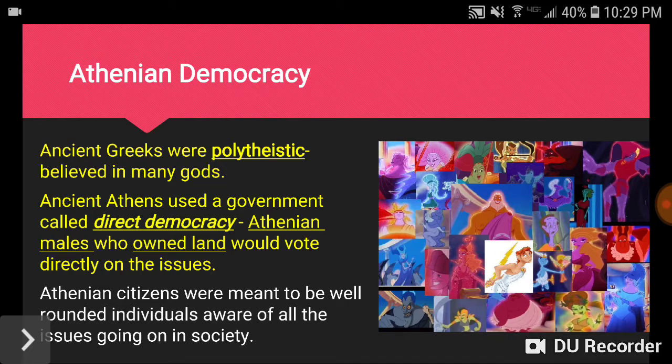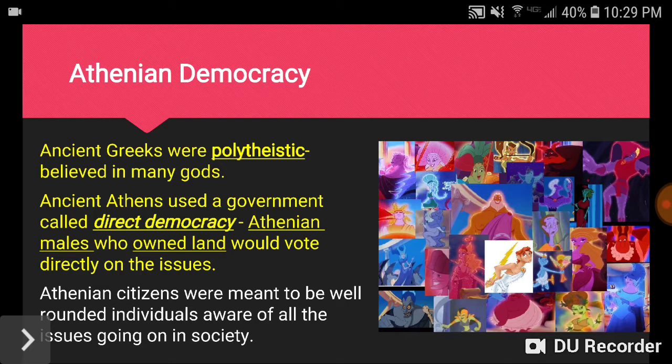They are monotheistic religions, whereas the Athenians or the ancient Greeks practiced a poly, or many-god religion. So there's a difference in religious values between Christianity and Judaism and the ancient Greeks, who believed in many gods.